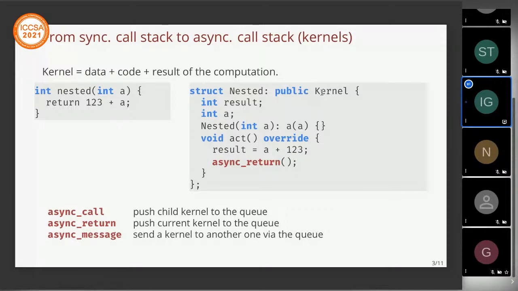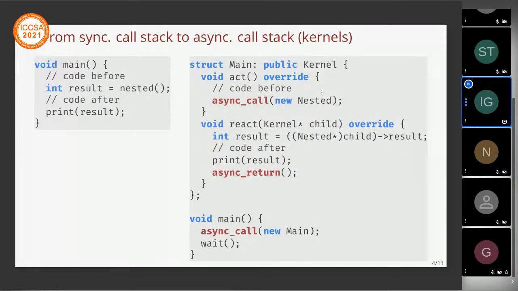And here we can see the second example. This is the main function that calls the nested function from the previous slide, and we can see that here we assign the result to some variable, and then we print this result. And using the kernels, we can rewrite it the following way. We have the act function that creates a nested kernel and calls this special function async call.